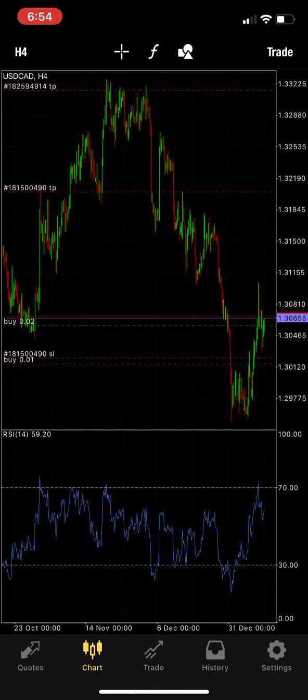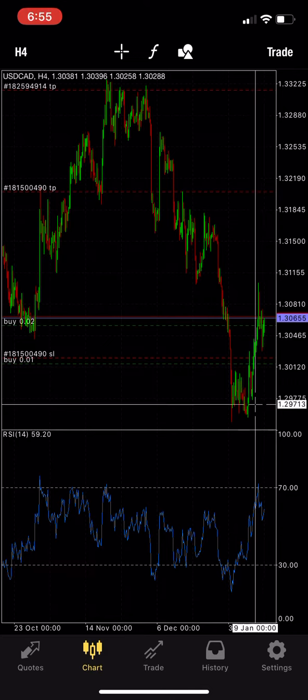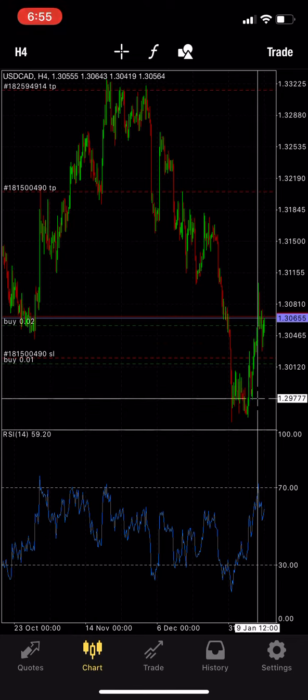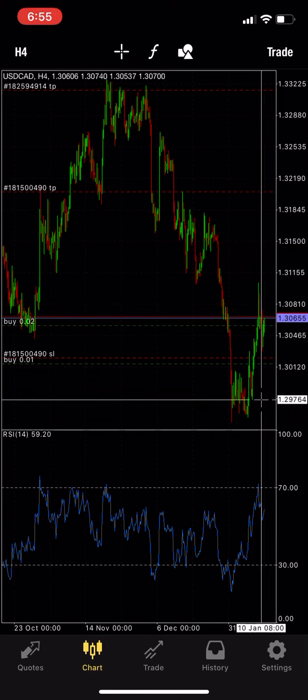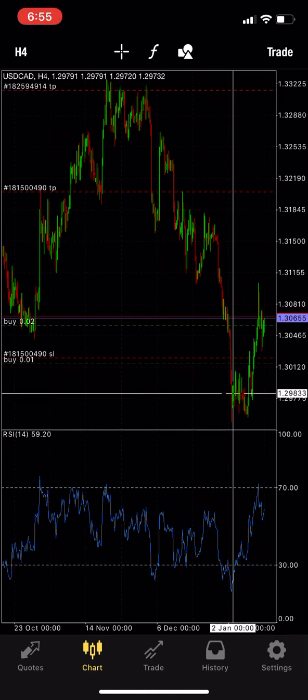Hold on, let me see something. I was supposed to buy it on one. You see where I put the arrow right there, all the way down. At 1.29 I was going to buy it right here, but I had another position open and I couldn't. The account was too small for me to open more positions on USDK.